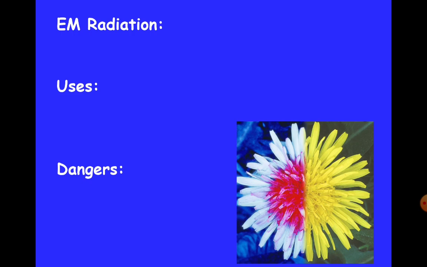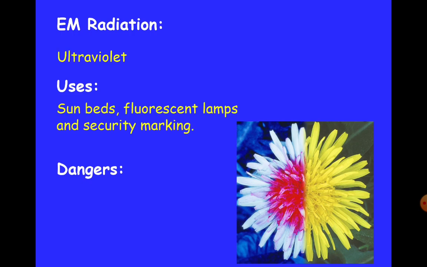Some uses of ultraviolet light are sunbeds. You don't see them here, but when you go to Europe, especially in the northern European countries, there's not a lot of sun during the winter time. And sun actually gives you a vital vitamin. I think it is vitamin D, okay, I have to double check.